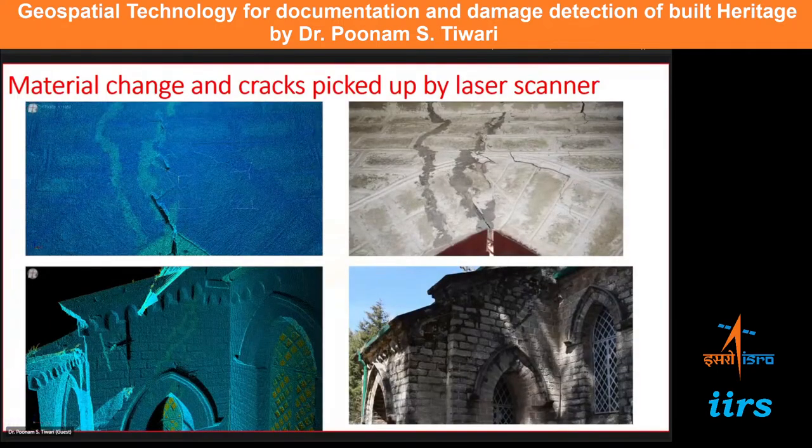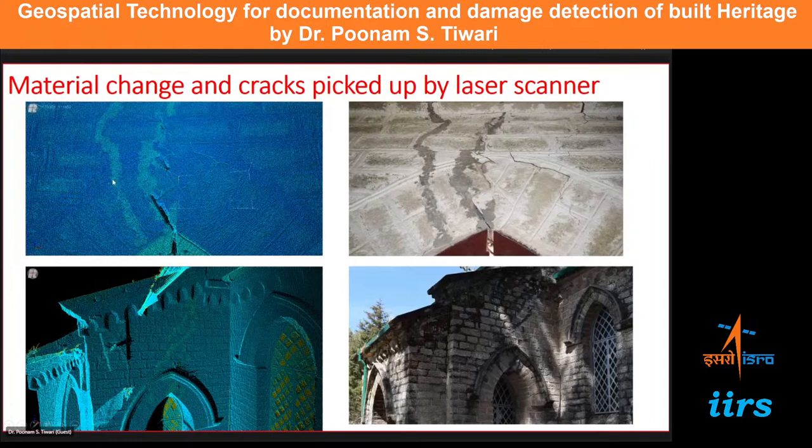Now over the years, during renovation works, some other material can also be used in these buildings. So this change of material and cracks can also be picked up by the laser scanner. You can see here, this is some different material which was not the original material at the time of construction.